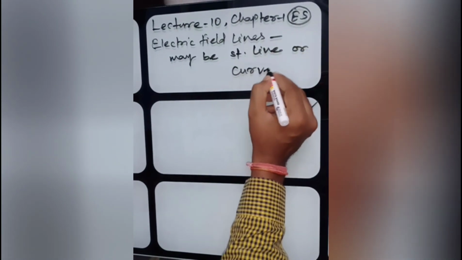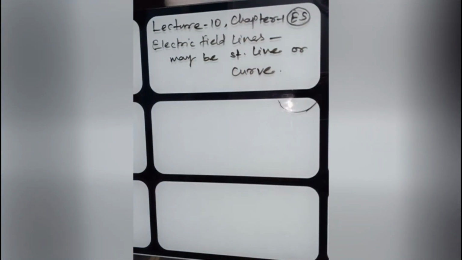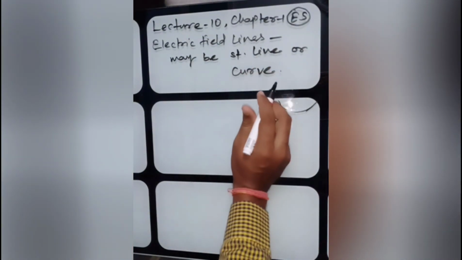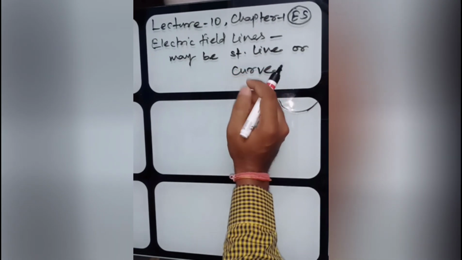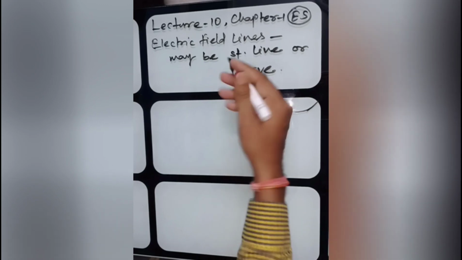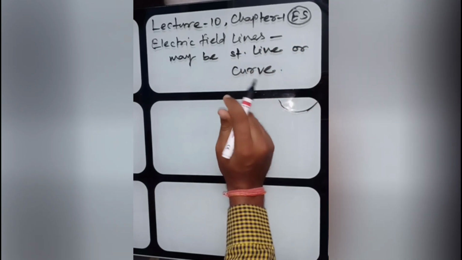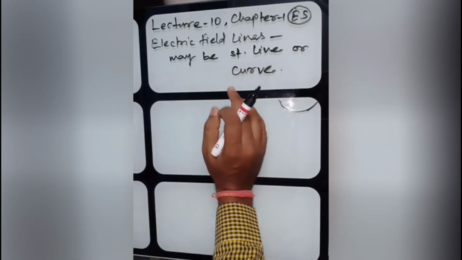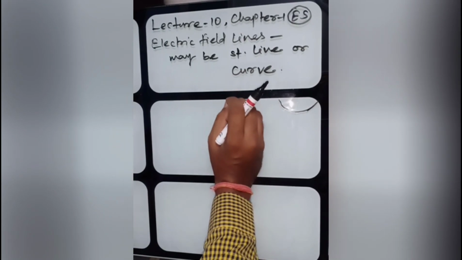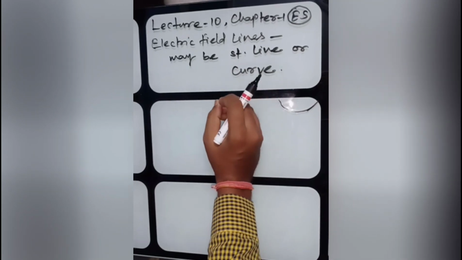If the source of this electric field lines is at very large distance with respect to the observer, it means any other charge, then usually we get the electric field lines as a straight line.